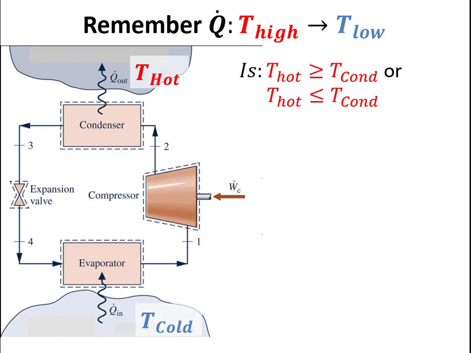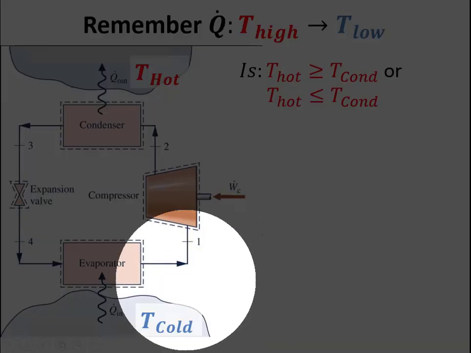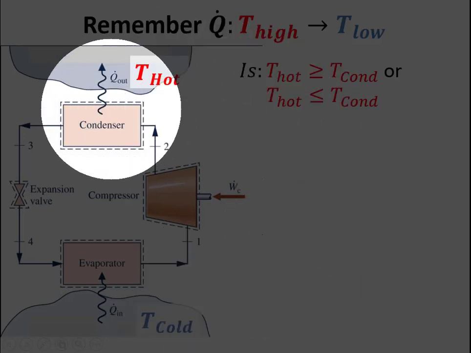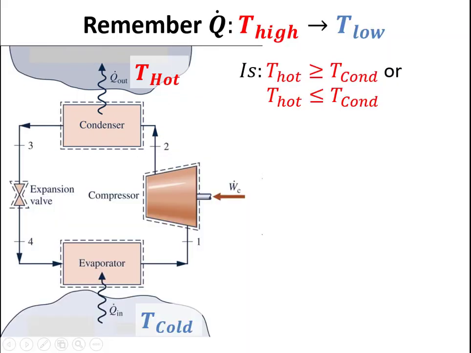So one of the questions that you can ask yourself is: is T hot greater than or less than the temperature of the condenser? Even though heat is being transferred on a macro scale from our cold area to our hot area, we make our device so that the condenser temperature is larger than T hot.